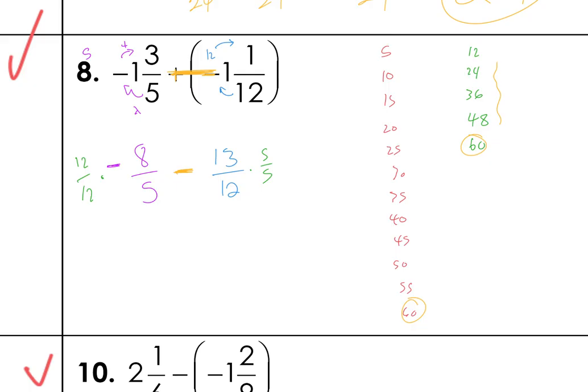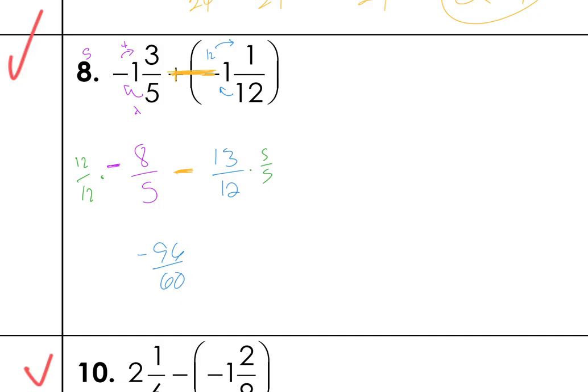So let's get rid of all this over here just so we have a clean place to work. Hurry up, eraser. There we go. So we end up getting -96/60 and 65/60ths.